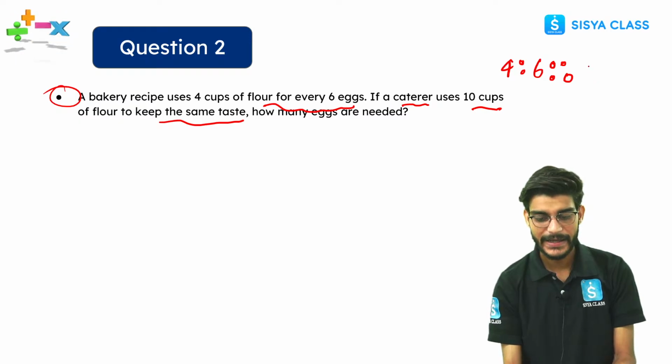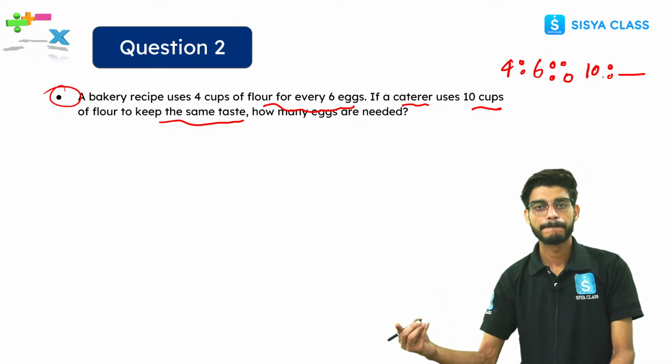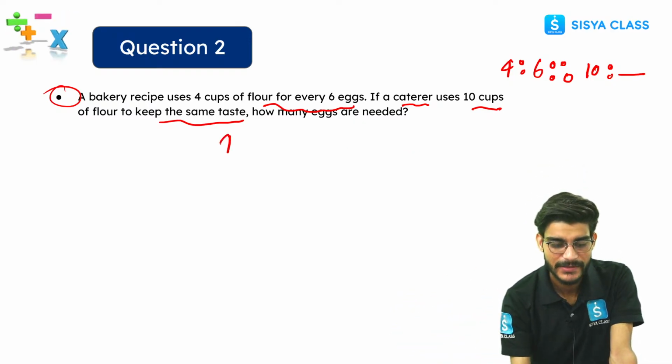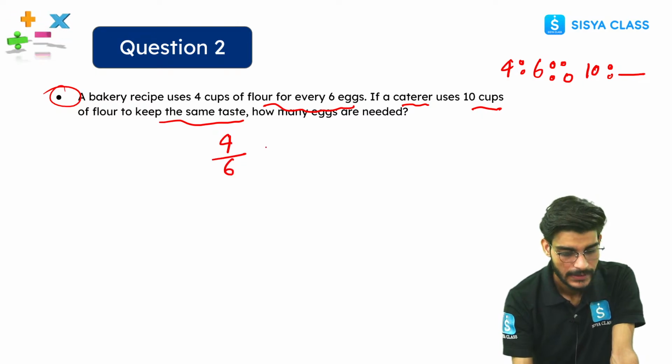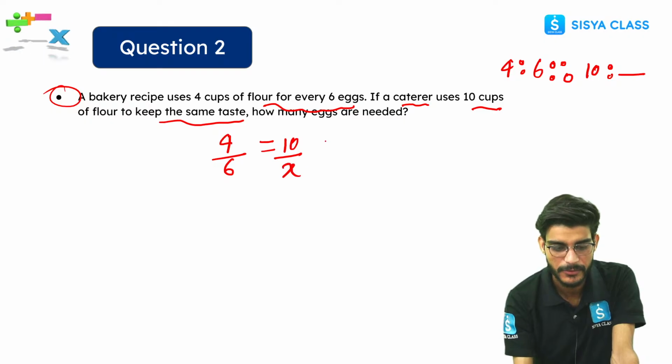Now we had 10 cups. How many eggs? This is what you have to find, right? So the simplest way is to write it in this form: A upon B equals C upon D. Basically you have to find X.